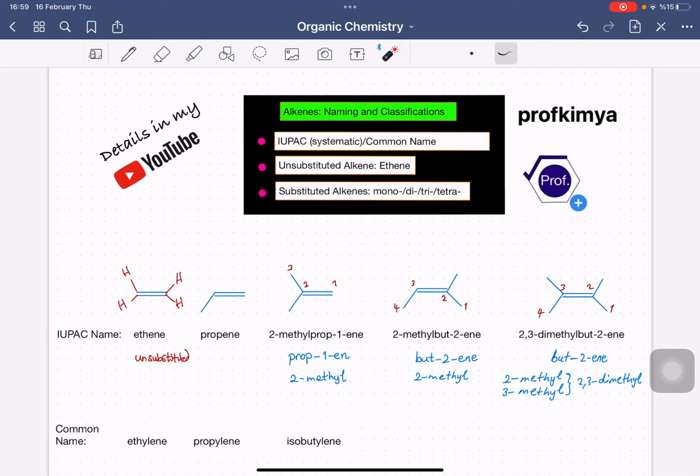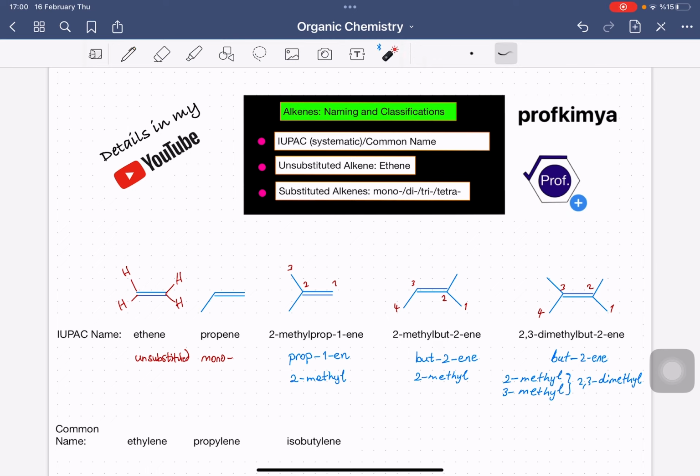As you can see, this carbon in this molecule has 1 substituent. This hydrogen is now substituted by a methyl group. So therefore, this molecule is monosubstituted. Monosubstituted alkene.